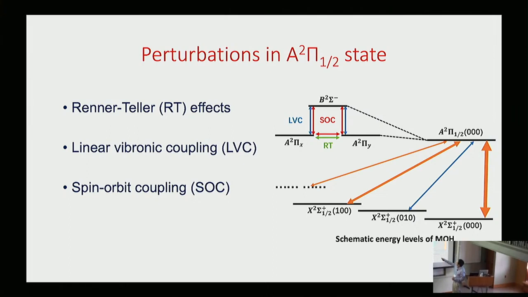We denote this as linear vibronic coupling. Within the A state there is a spin orbit coupling that leads to the splitting of the A state, and then there is a spin orbit coupling between the A and B states. So the coupling between the A and B states enables the forbidden transition to V equals odd number of the bending mode.